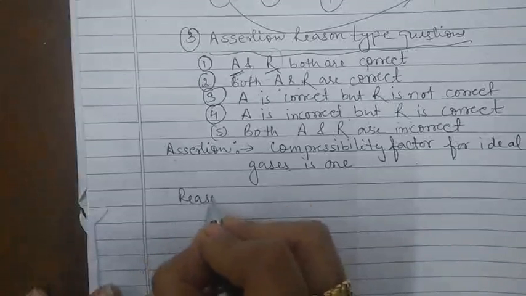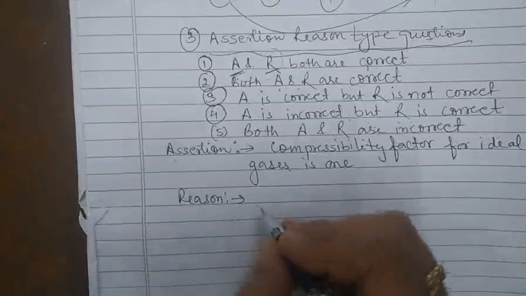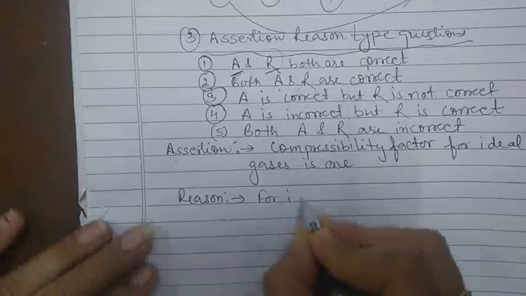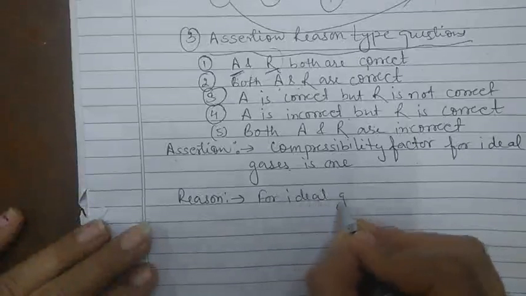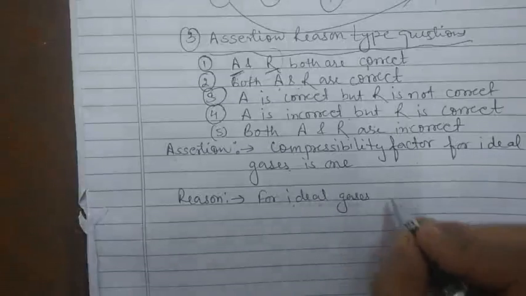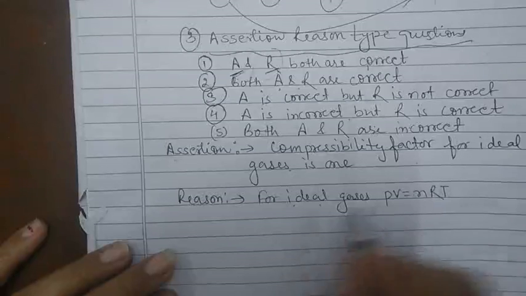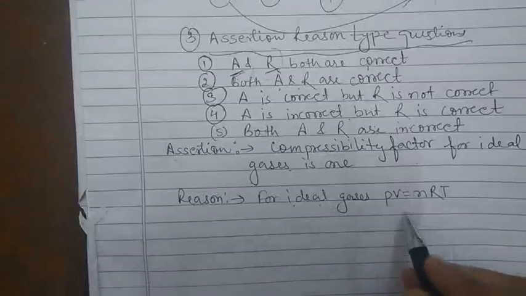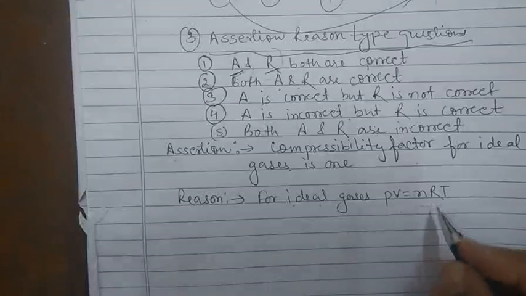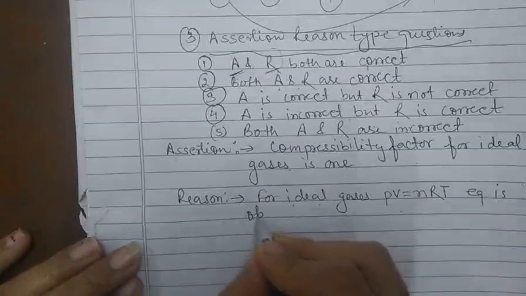And suppose the reason is: for ideal gases, the PV is equal to nRT equation is obeyed.